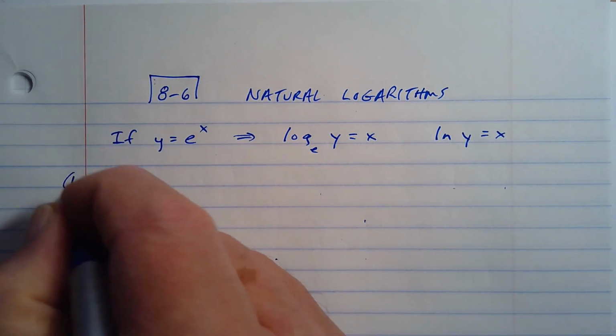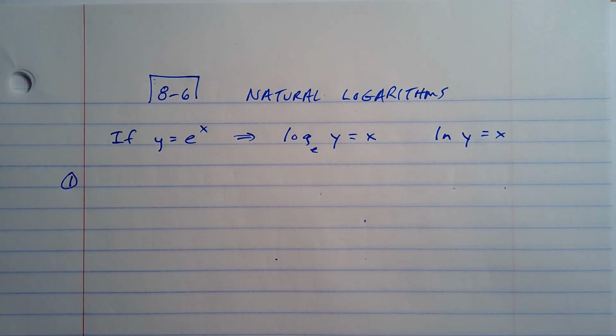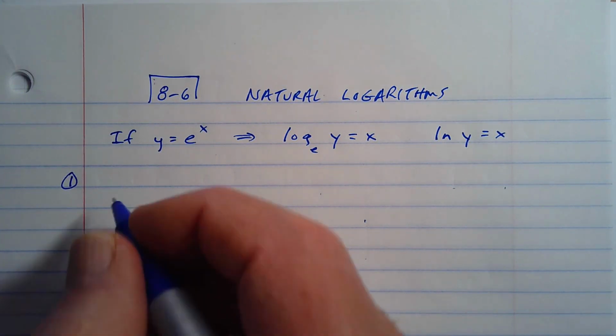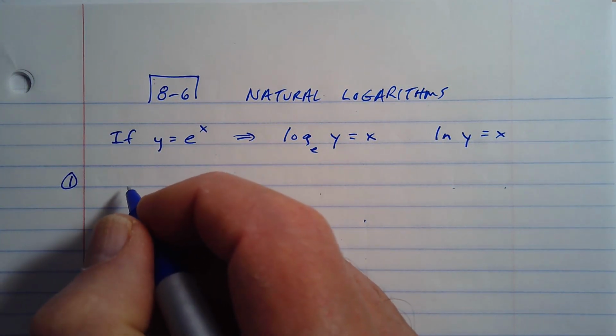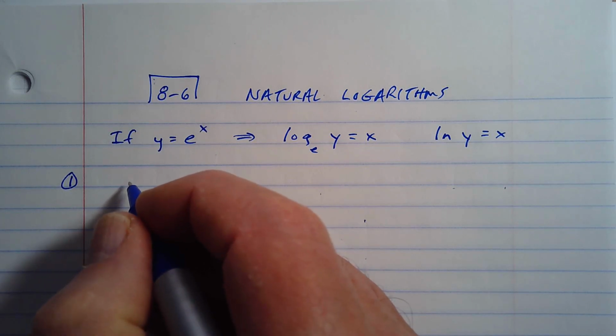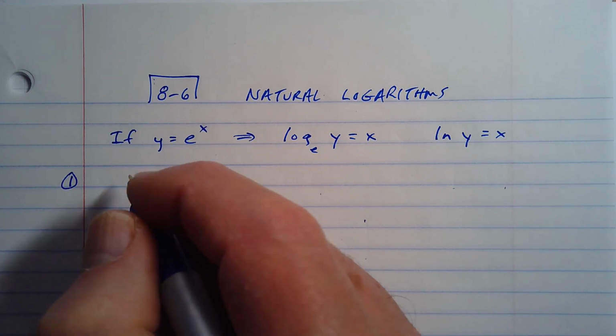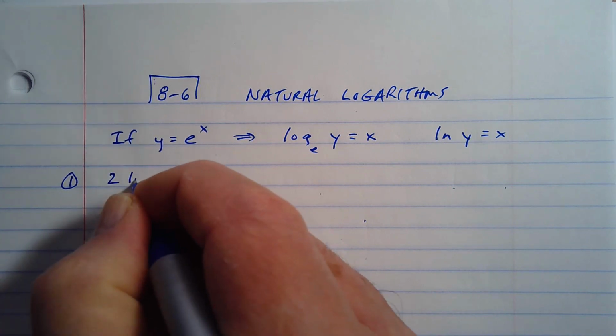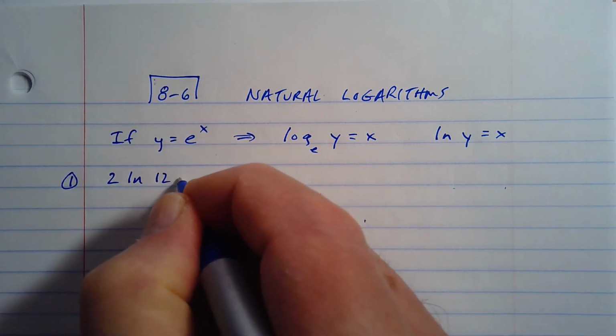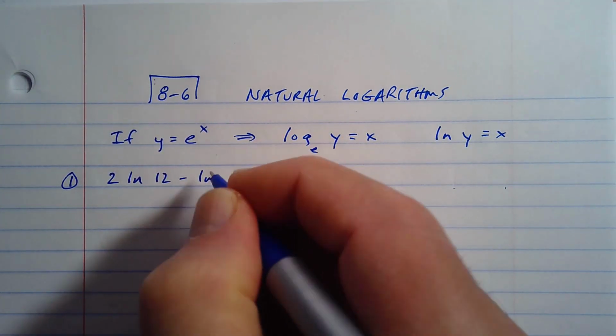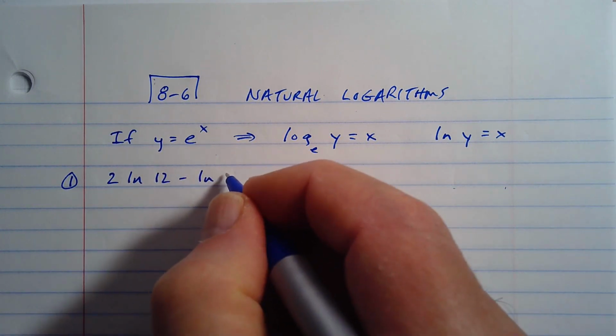So the first example just has us working through some expressions. Can we use those same properties for logarithms, the power, the quotient, the product properties, given this problem here? So I've got natural logs of 12 and 9 here.